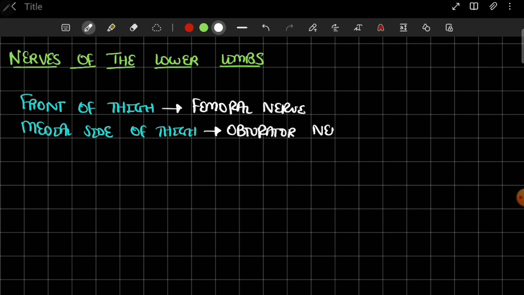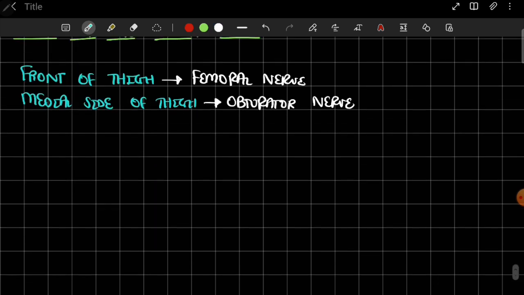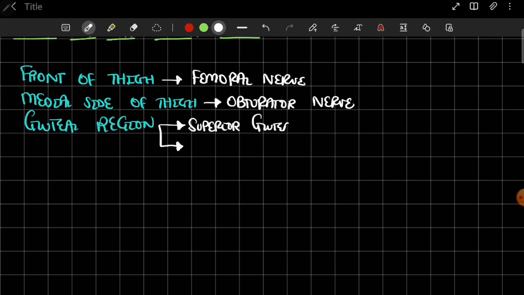And now starting with the new nerves, the gluteal region. So remember, while discussing the Trendelenburg sign, we discussed the superior gluteal nerve and the inferior gluteal nerve.